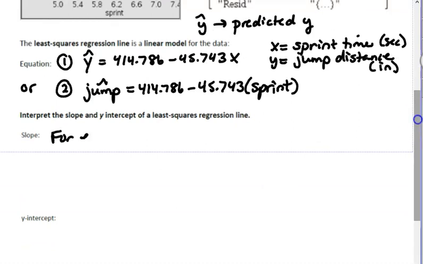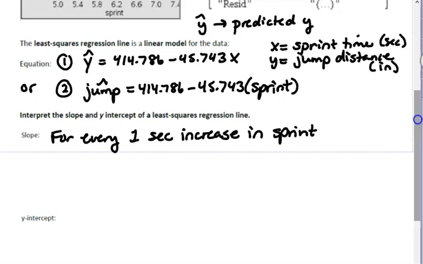For every 1 second increase in sprint time, because that is our units for sprint time. So we're always looking at a 1 unit increase in whatever x is.